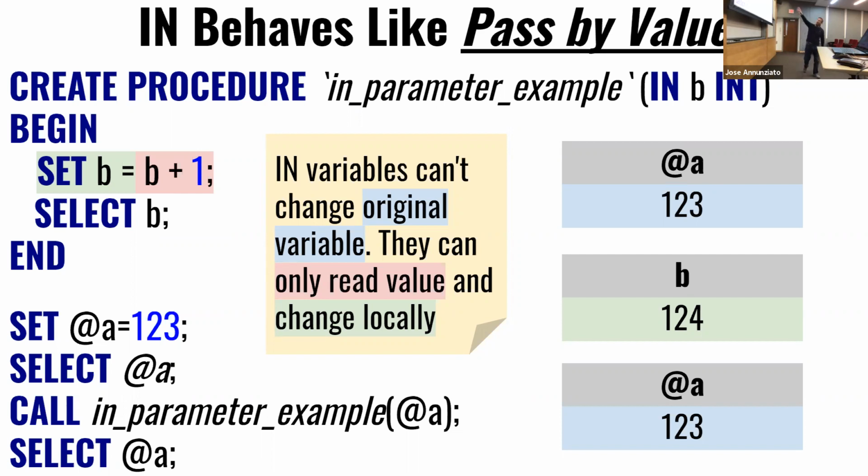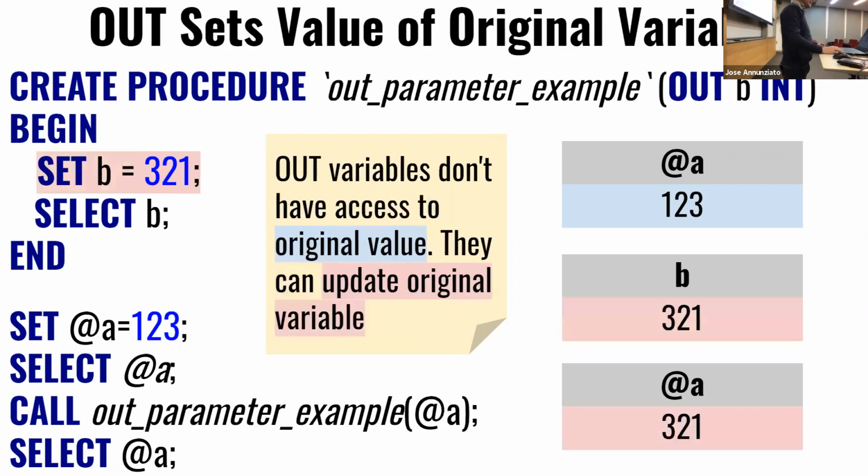And even though here we're modifying b, changing the value from 123 to 124, my original variable is unchanged. So I can't change it. I don't have a reference to a. It's still the original value 123. Make sense? That's what we know as pass by value, that's the behavior of pass by value.